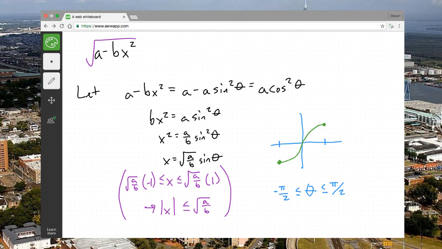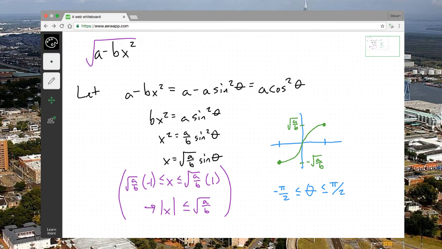This is the top of the sine curve and the bottom of the sine curve, and that's the positive root a over b, and that's negative root a over b. And so we get all the x values between negative root a over b to positive root a over b for these theta values between -pi over 2 to positive pi over 2.